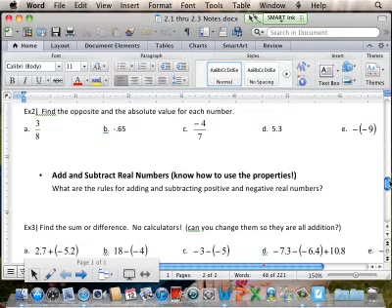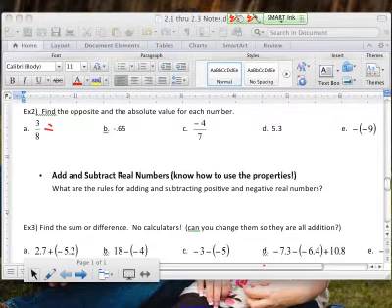All right, so example 2 says find the opposite and the absolute value for each number. Well, the opposite of 3/8 is -3/8, and the absolute value of 3/8 is just going to be 3/8 itself. So if the number is already positive, the absolute value is going to be the same thing. If it's negative, you just make it positive. Okay, so let's see here.